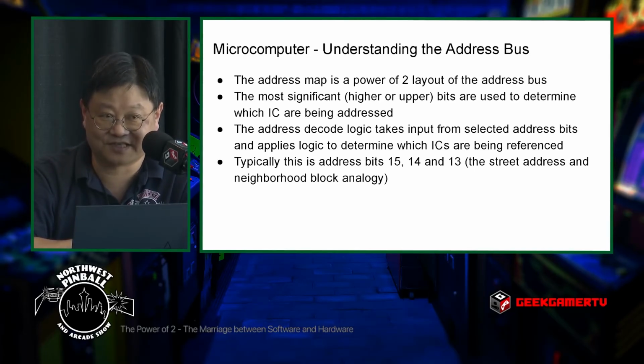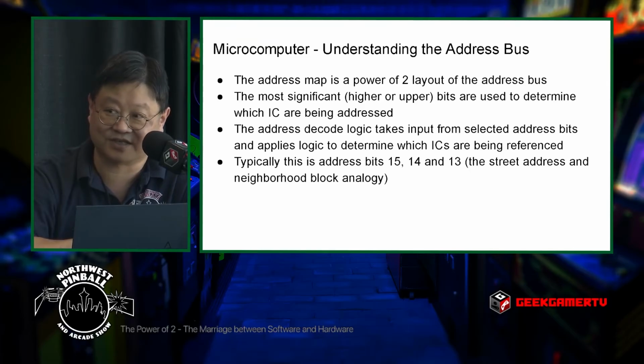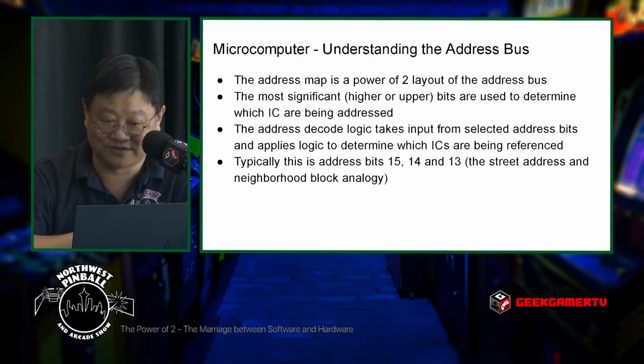And you can further subdivide those blocks into houses on that block. If you want to take it to a higher level, you can think of cities across the country and then suburbs within the city. But it's the same thing. You're just taking areas addressed by each bit and grouping them together. That's pretty much all there really is to it, but I like to think of them that way.